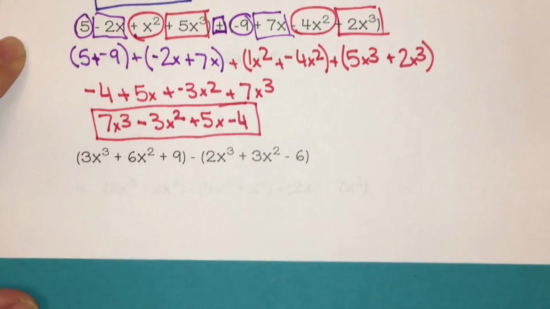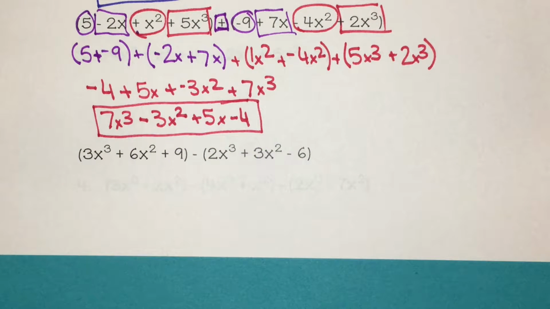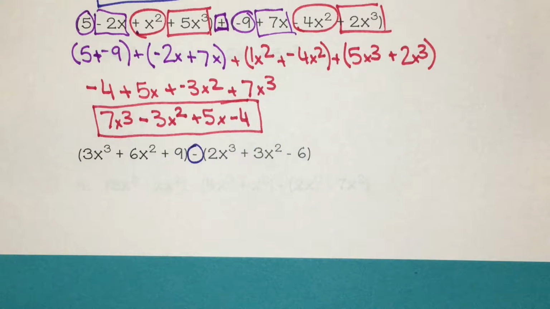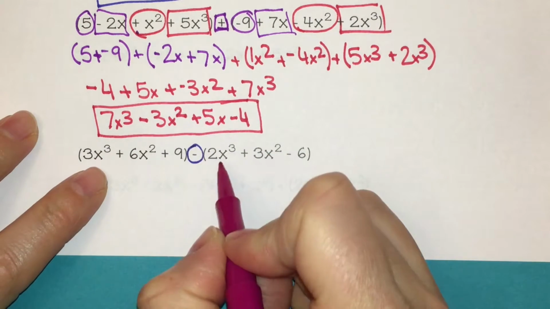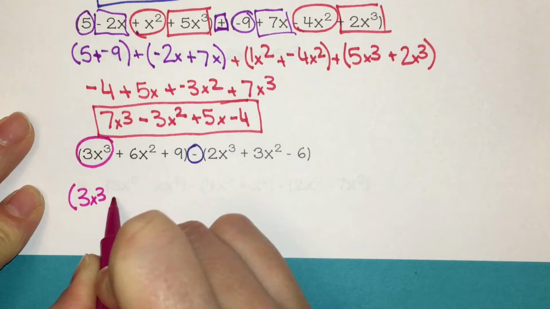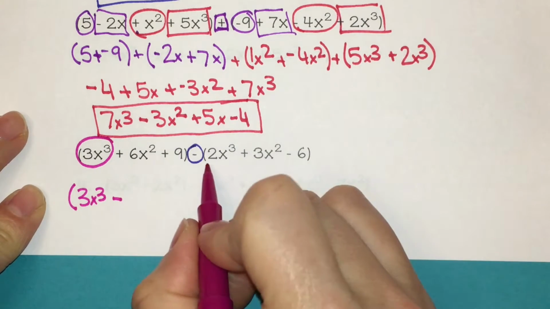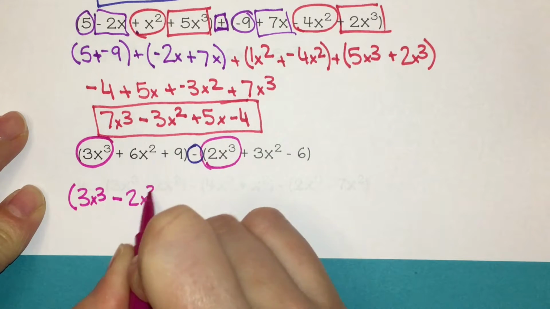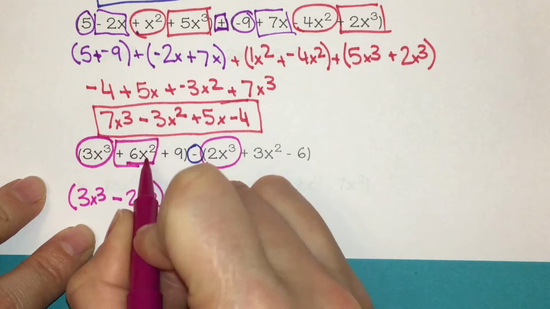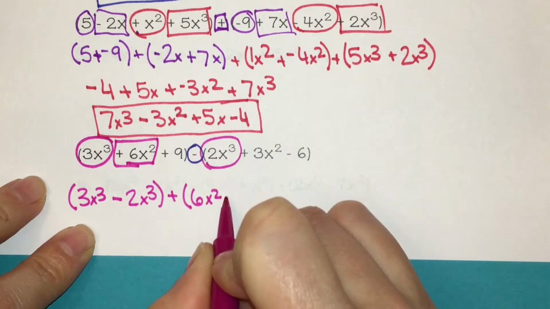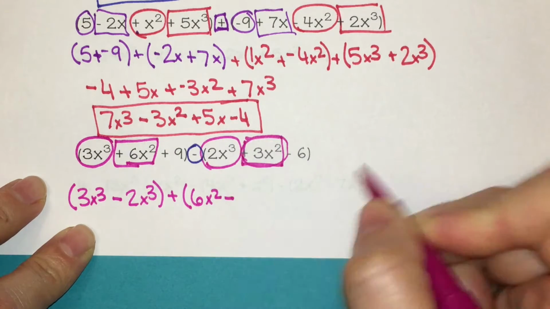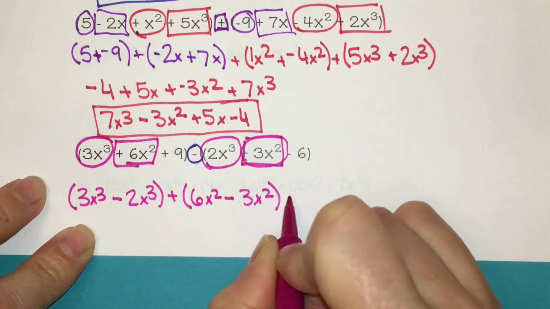All right. Okay, so this one's a little different because it does have subtraction in between. Make sure you pay attention to that minus in between. So let's start with our x cubed terms. We have 3x cubed minus, what's in this parenthesis, 2x cubed. Plus, here we have a positive 6x squared minus, let's look for our x squared term, that one should be boxed, 3x squared.